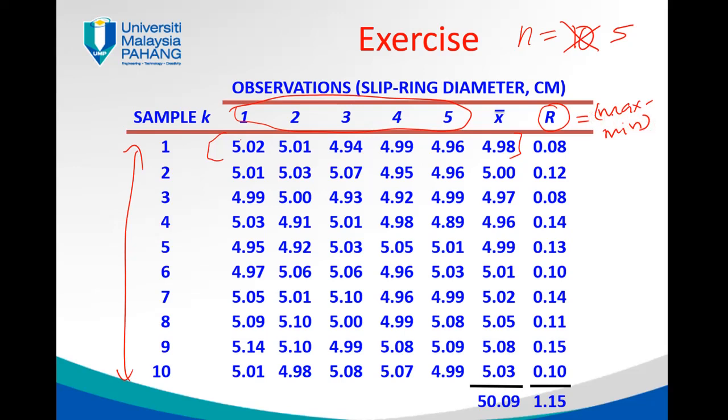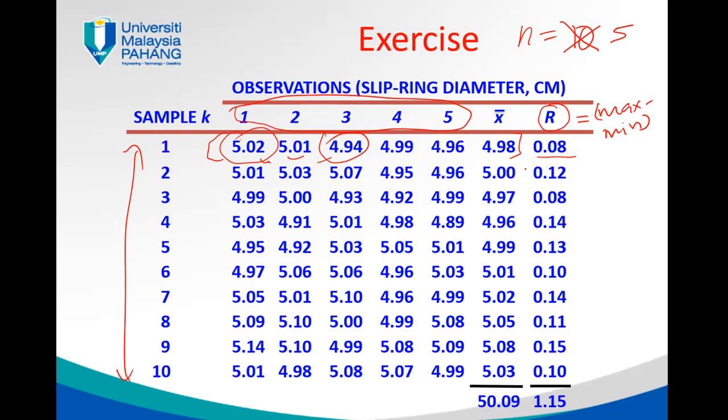So the maximum in this first set here is 5.02 and the minimum is 4.94. If we minus these two, 5.02 minus 4.94, you will get the range 0.08.